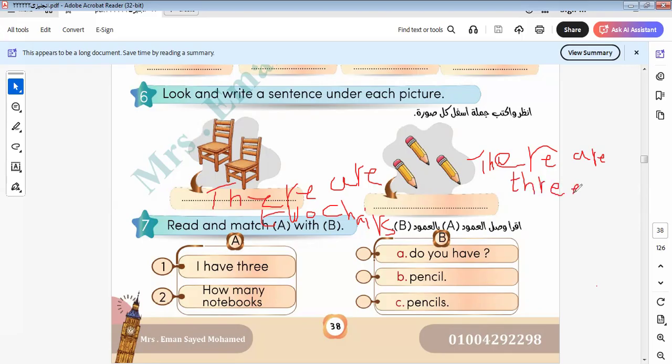Here we have there are 3 pencils, and here we have there are 2 chairs. Let's continue the rest of the exercise.